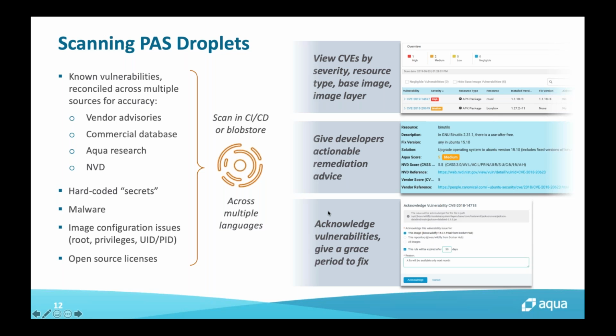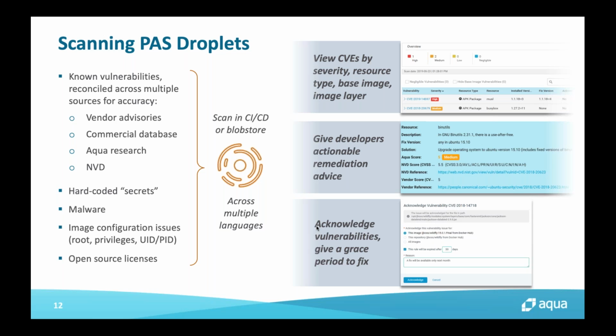And then the ability to actually acknowledge vulnerabilities and give a grace period for a fix. So say you have an application that has a specific vulnerability that there's no fix for, but you need to allow that critical or high vulnerability into your application for say 15 days or whatever to give the developer time to get that fixed.